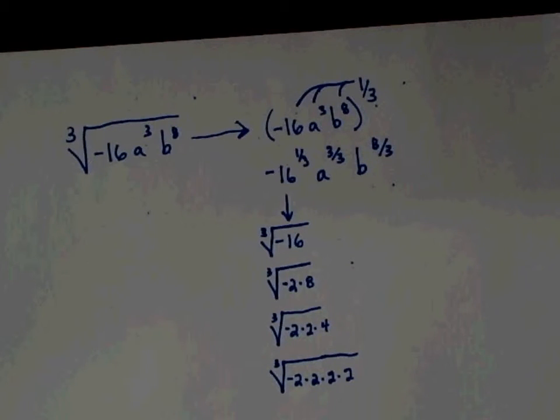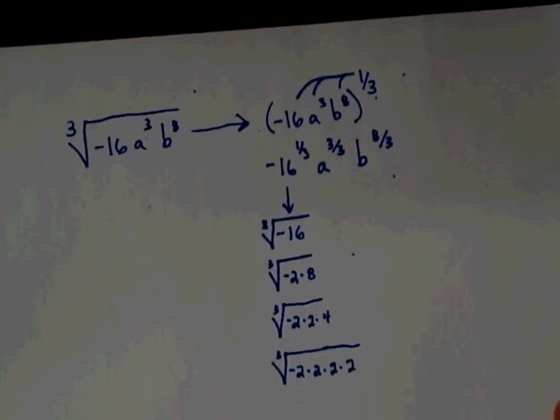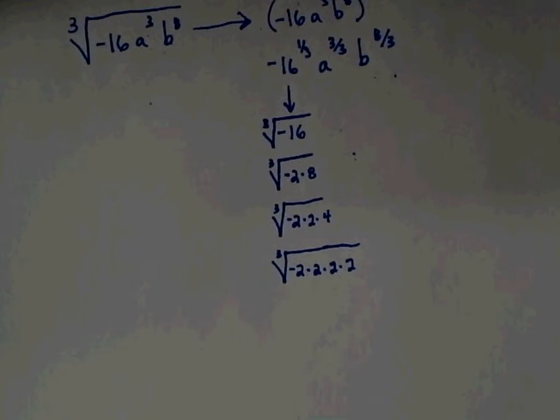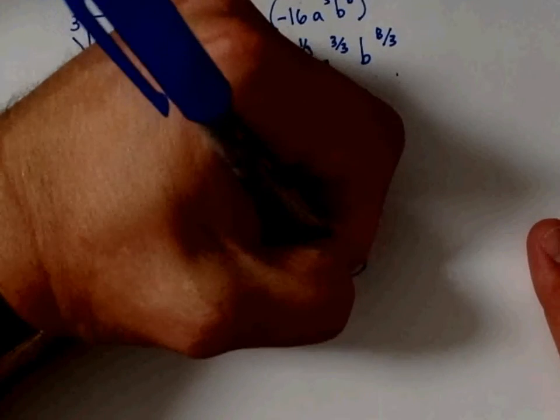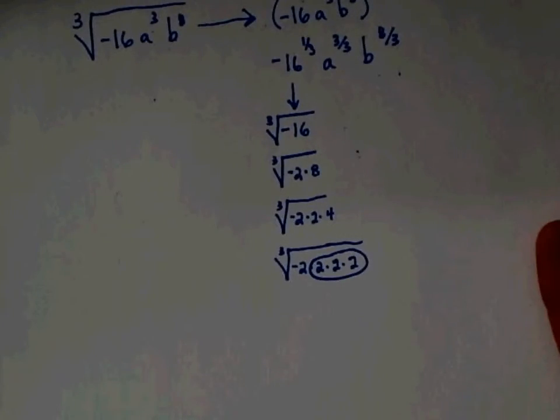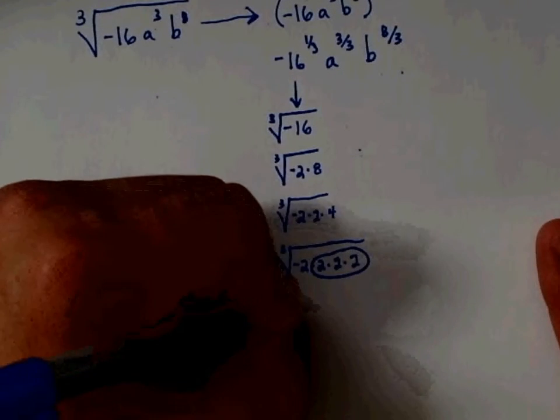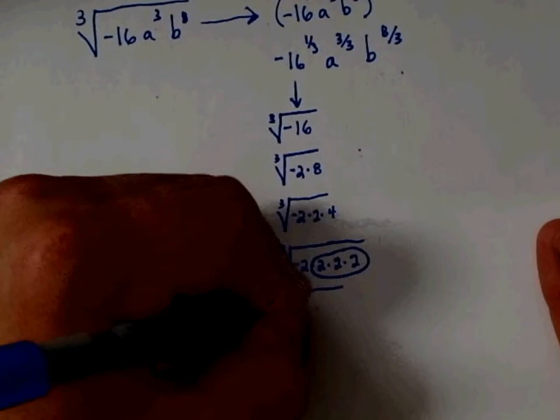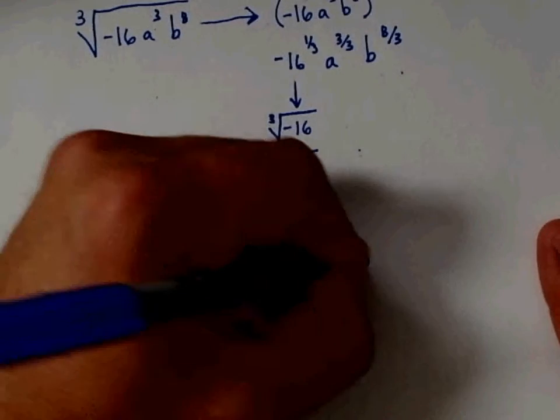Correct? Well, 3 of them come out. Oh, sorry. Well, they group together so one comes out. Okay, we group together. And then you just have a 2 up. What kind of 2? A negative 2. So one comes out, other one's gone.